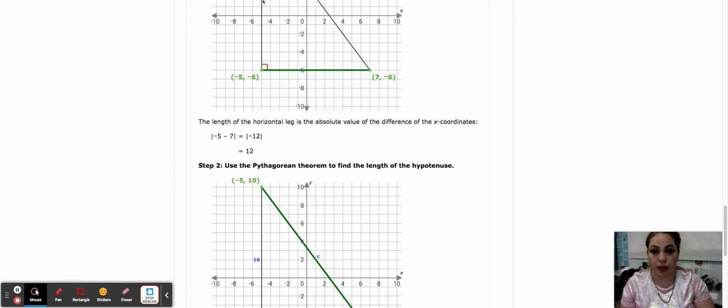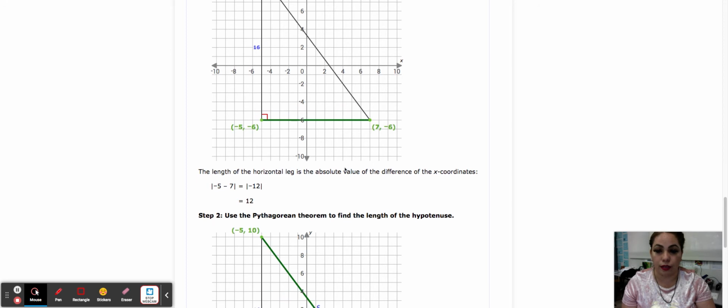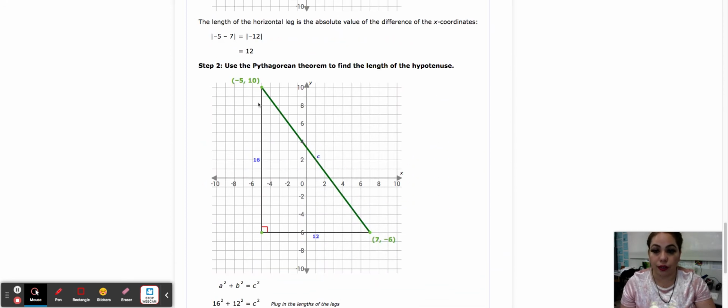Okay? The top and bottom, that was the vertical line. The horizontal is the bottom. So we're going to get the x only. So the x is the first number. So it's -5 and 7. So -5 minus 7, remember two negatives are adding. So it's -12, and the absolute value equals 12, right?